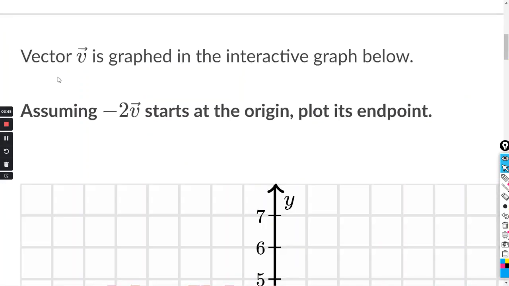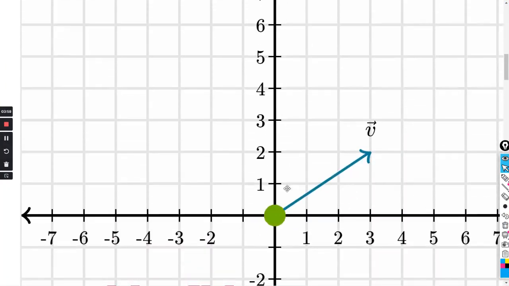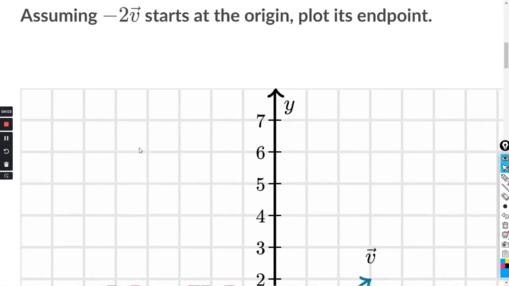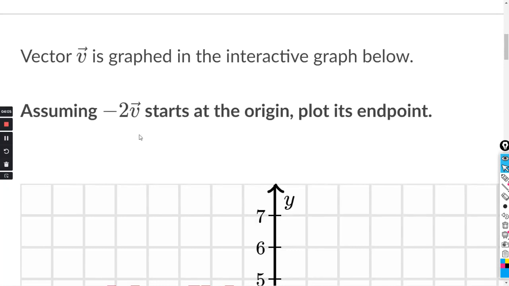It says vector v is graphed in the interactive graph below. Assuming negative 2 times v starts at the origin, plot its endpoint. So here is vector v, and we're looking to plot the endpoint for negative 2 times vector v.